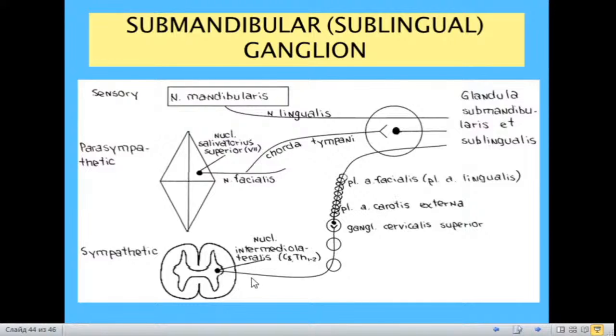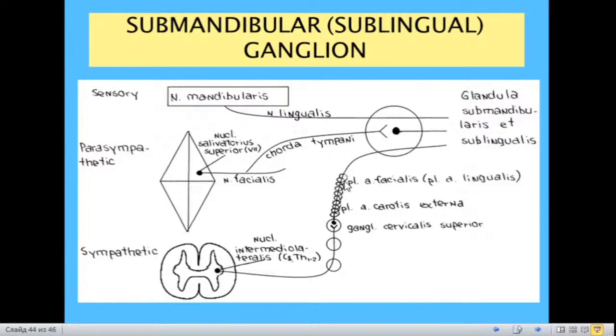Sympathetic fibers traditionally originate from nucleus intermediolateralis, reach the superior cervical ganglion, and postganglionic fibers form a plexus around the external carotid artery. After that, a plexus around either the facial or lingual artery. Again, it depends on the gland.